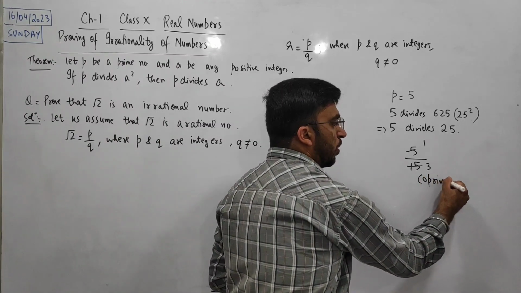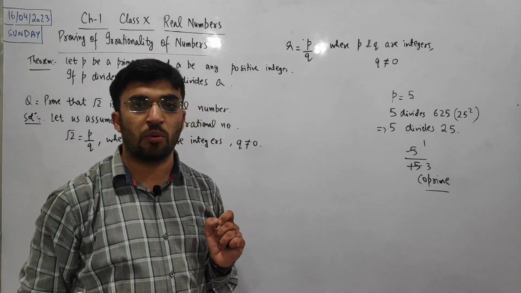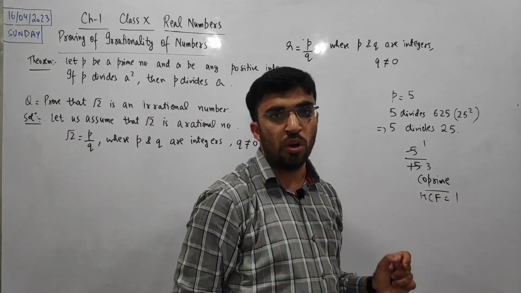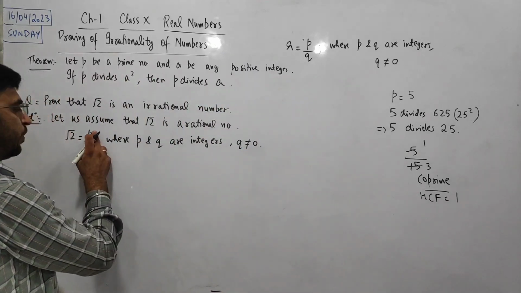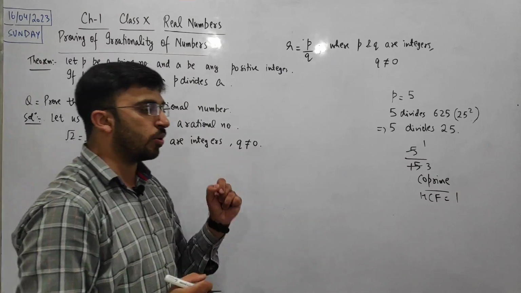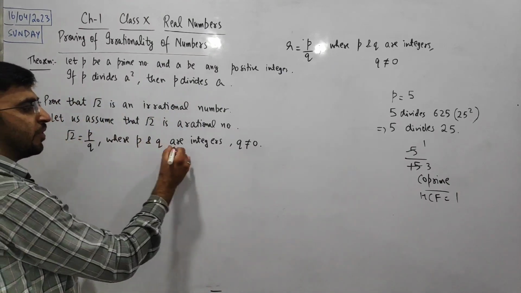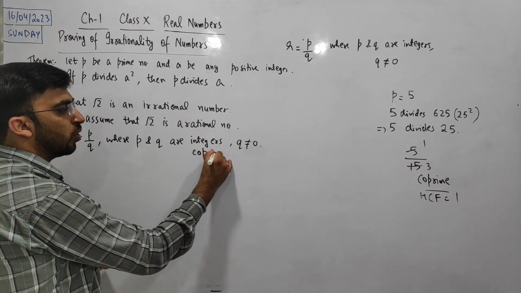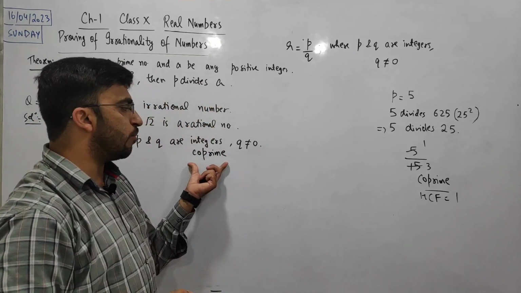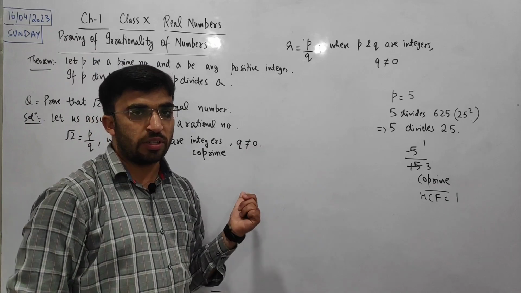Basically, co-prime numbers are numbers whose HCF is equal to 1. So here, we can cancel out and say that P and Q are co-prime also. This is a very important fact which will be used later on in this proof.